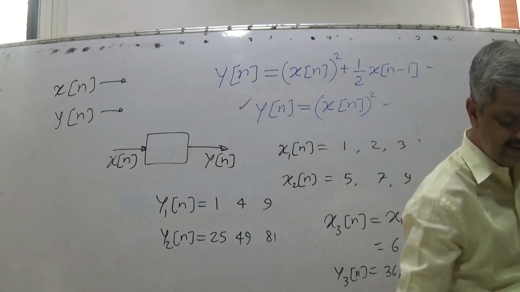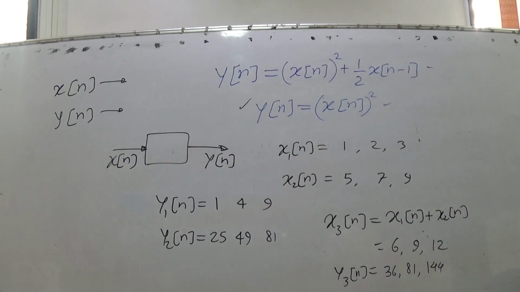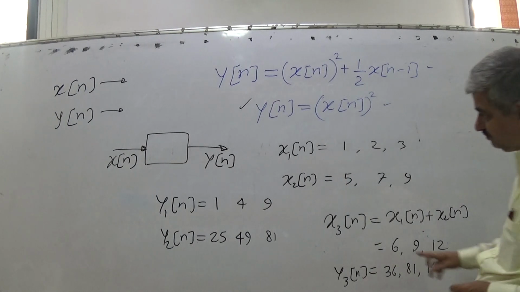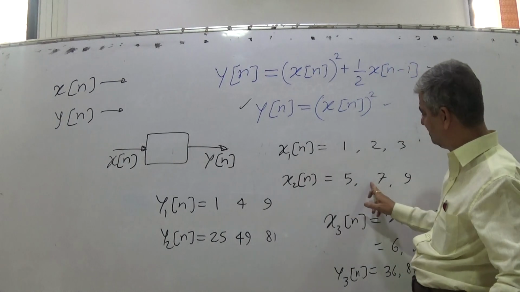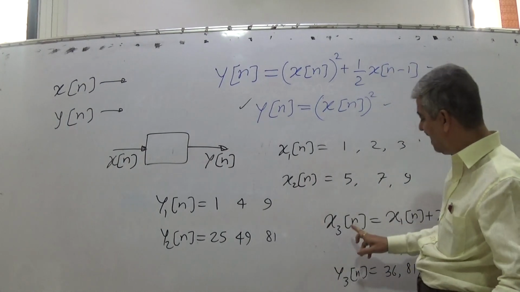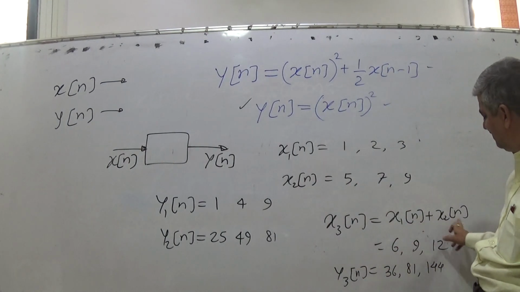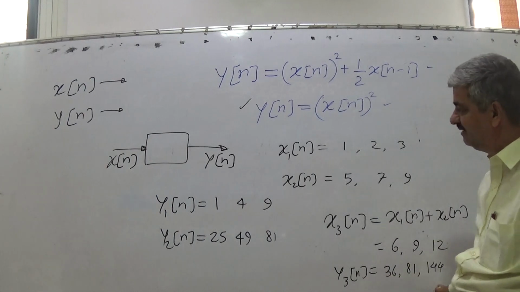Right, so listen very carefully. I am taking a very simple example to inform you about the non-linear nature of the system. When x1[n] is applied, I get y1[n]. When x2[n] is applied, I get y2[n]. When I apply x3[n], which is x1[n] plus x2[n], I get y3[n].